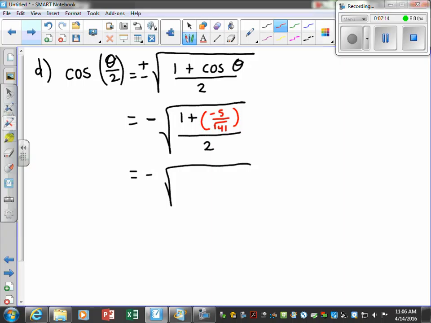So our numerator, let's get a common denominator, which would be everything over the square root of 41. So that would be square root of 41, this time minus 5.